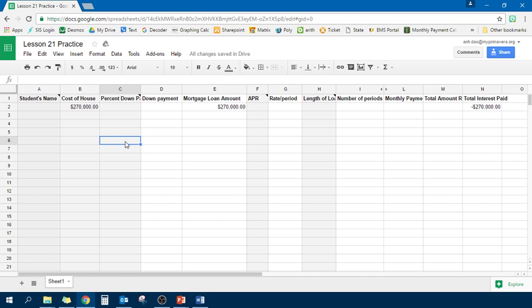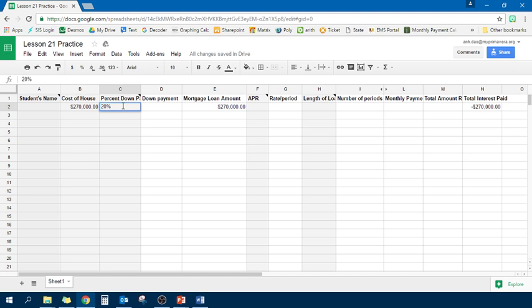The percent of down payment depends on the loan that you get and what lender it is. For example, you can get a VA loan that may require 0% down payment, or there's a first-time home owner loan that may require 3.5. Other loans require 20%. So for that sake, I'm just going to put 20% in there.